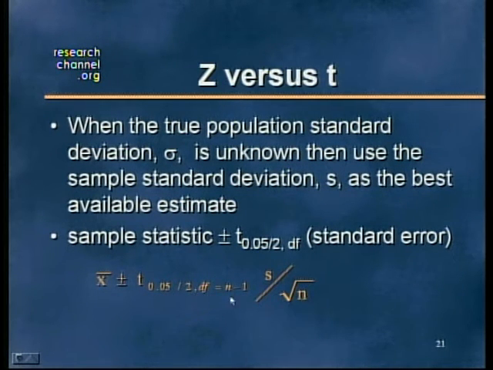Now the standard error is formulated by S divided by the square root of n, where we're using S as an estimate of the true population standard deviation. So let's look at an example to make some sense of this.